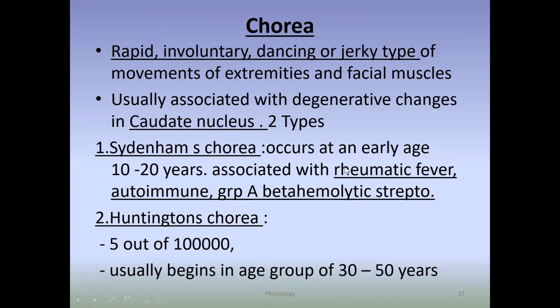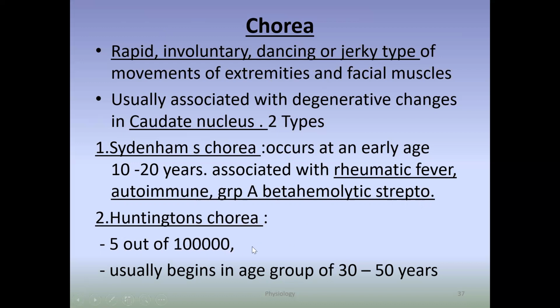Sydenham's mainly occurs in children or adolescents up to the age of 10 to 20 years. This is because of an infection, again an autoimmune disease, caused by group A beta hemolytic streptococci, which leads to Sydenham's chorea, rheumatic fever.